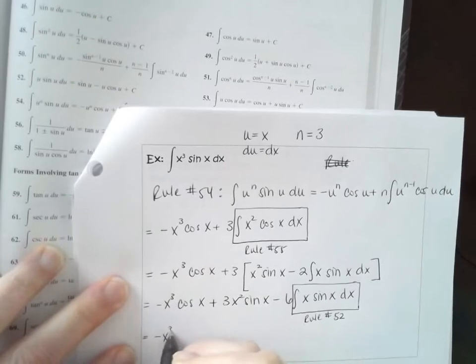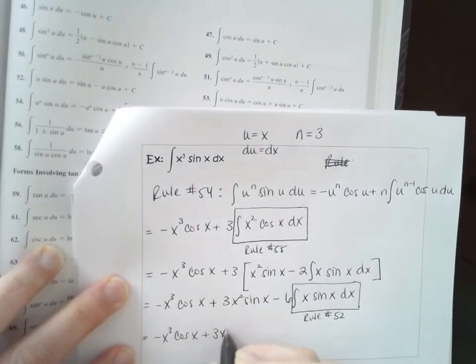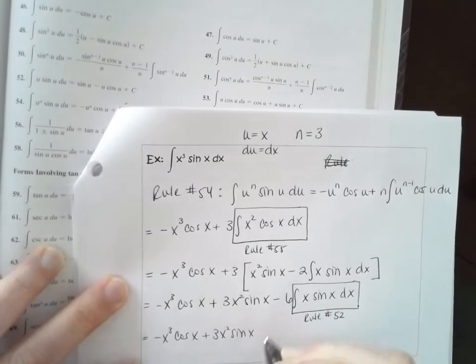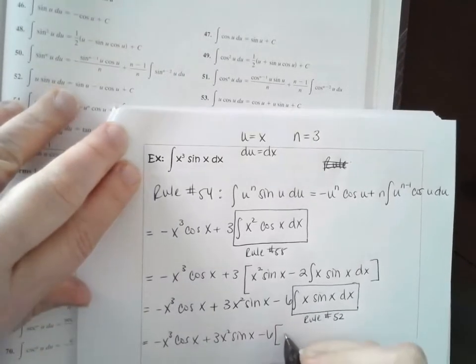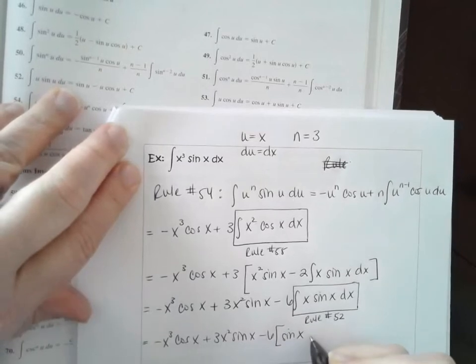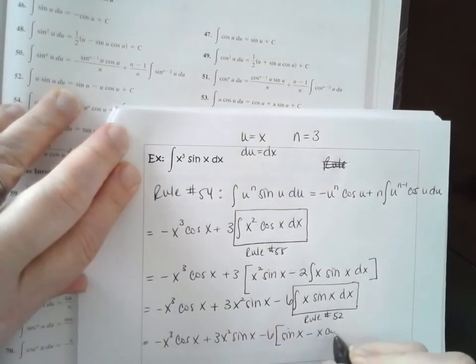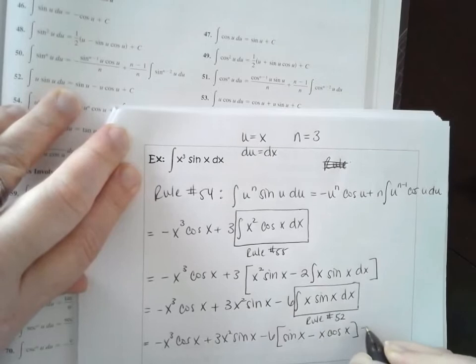Alright, negative x cubed cosine x plus 3x squared sine x minus 6, and then I'm going to replace it with sine x minus x cosine x plus c.